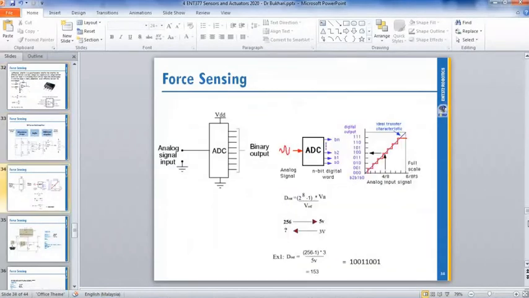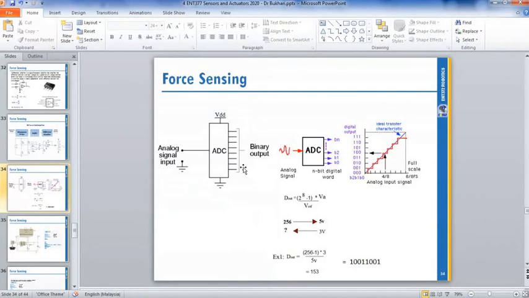Maybe your microcontroller doesn't have an ADC, so this is the technique to convert the analog signal, and then you use 8 ports of the microcontroller to connect to this ADC. So you lose 8 ports.